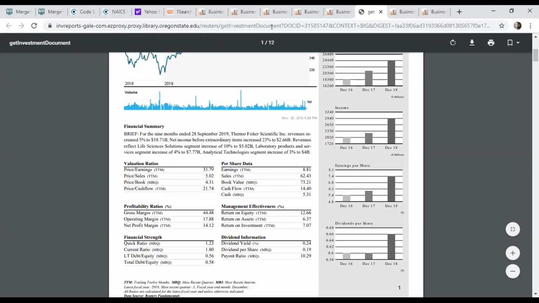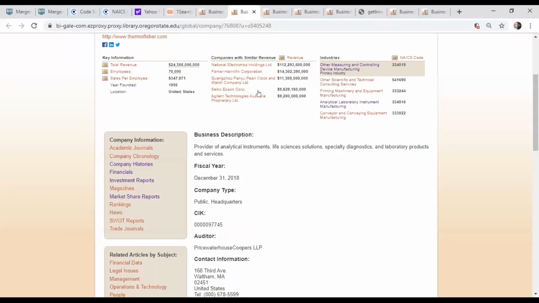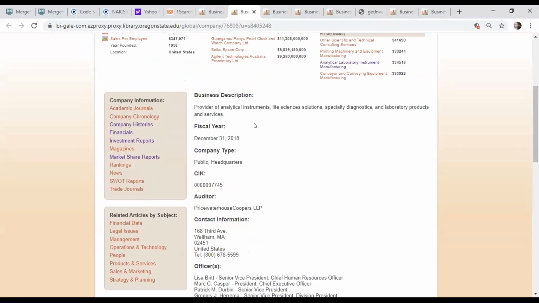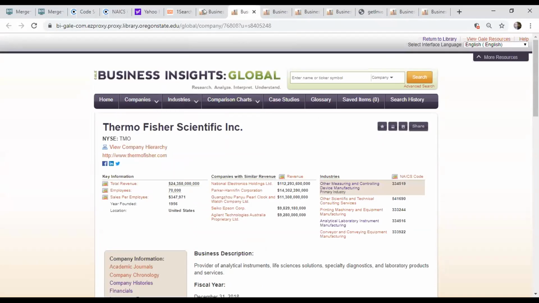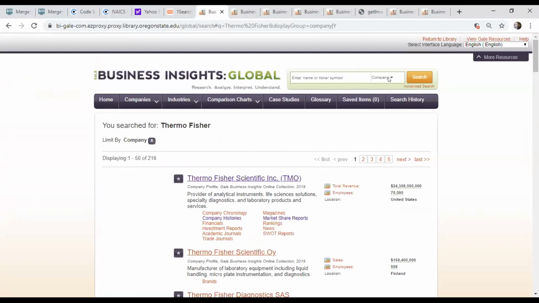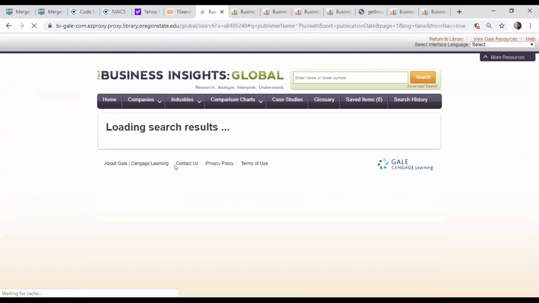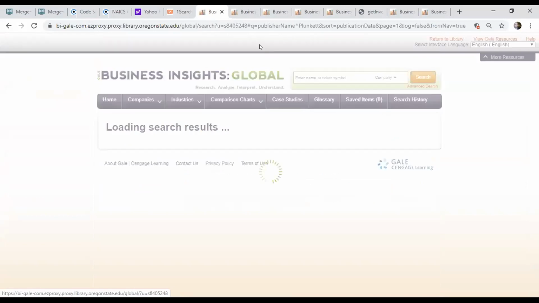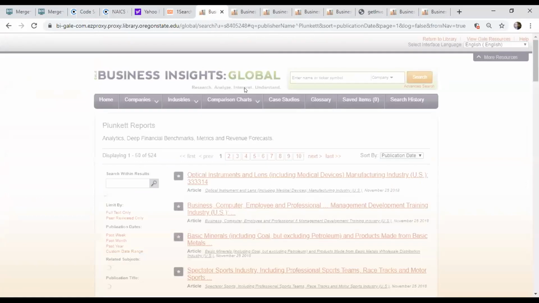So then to look at the industry as a whole, depending on, again, what resources you have, you can actually take those NAICS codes that we found, and one of the tools that I used in this summer's research was a Plunkett report, which again is from this Global Business Insights.